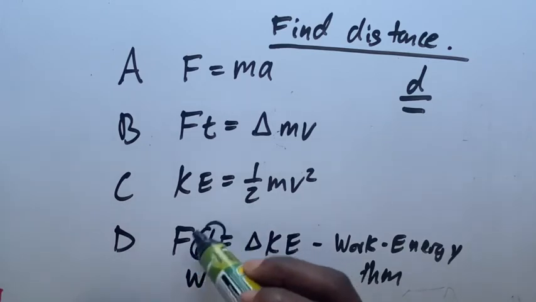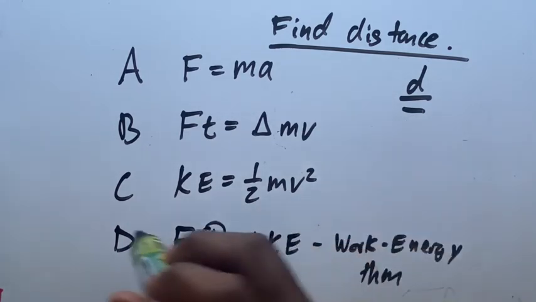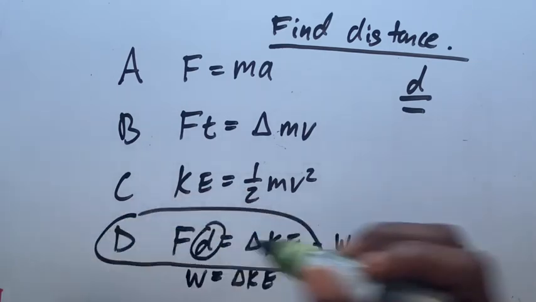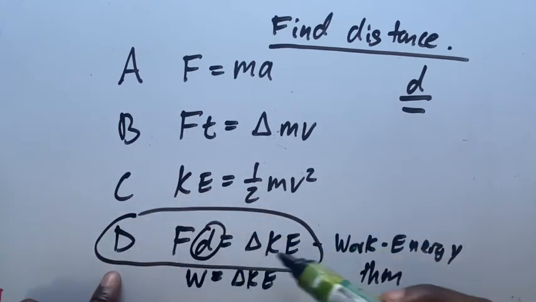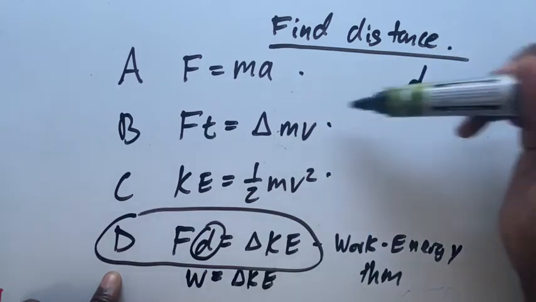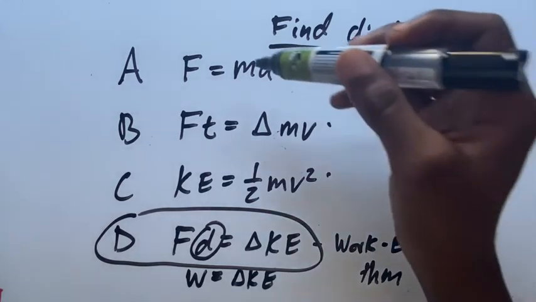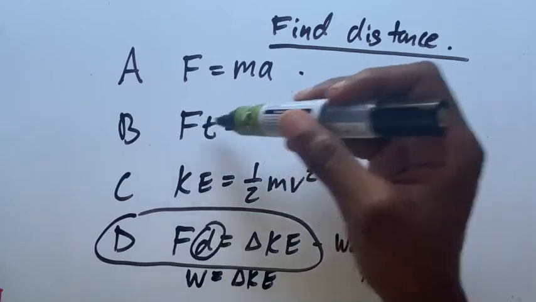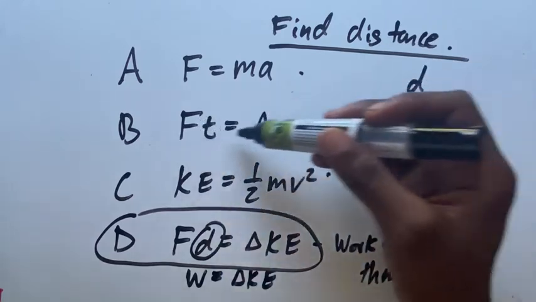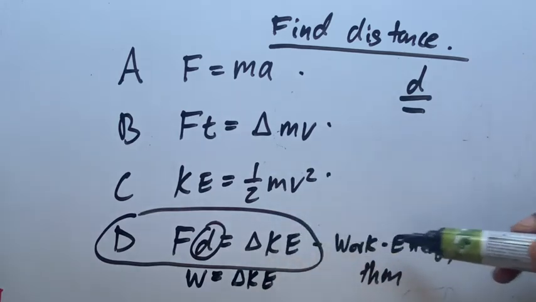See, there's the distance D that we're trying to find. So we can just automatically choose this one, because this is the only equation that even has distance involved in it. All right, so again, this one is Newton's second law. This one is the impact equation. This is just kinetic energy. And this is the work energy theorem.